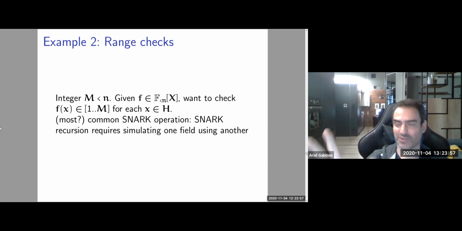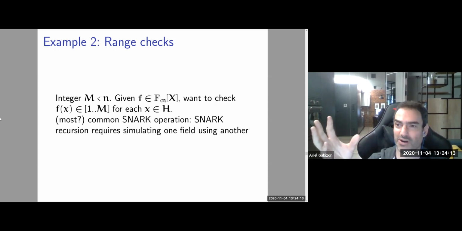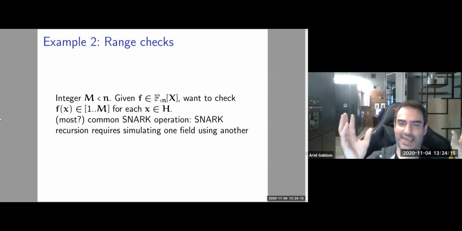And one reason this is the case, something that maybe requires some context, is that something very important in snarks is recursive composition, where I want to make the program T that I want to prove things over a snark verifier itself.